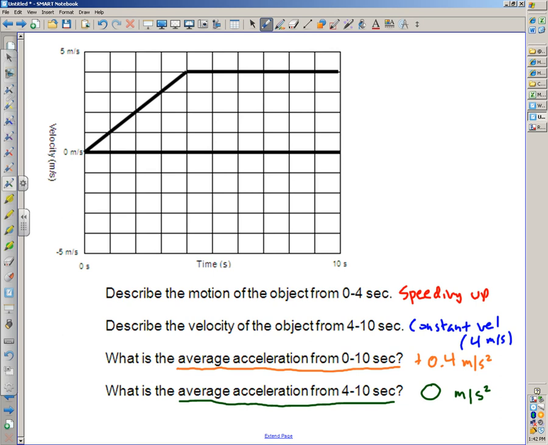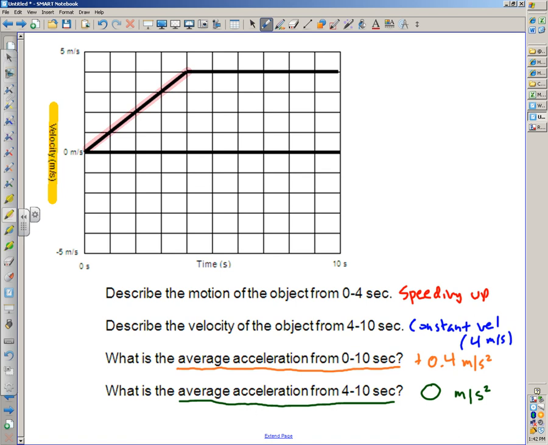All right, so let's discuss. First thing we said is important in terms of analyzing the motion of this object: make sure we know what kind of graph we're dealing with. So what is this graph telling us? Velocity, meaning that it doesn't tell us where an object is. It will tell us what it's doing. So during this first section, from 0 seconds to 4 seconds, what do we see happening to the velocity of that object?